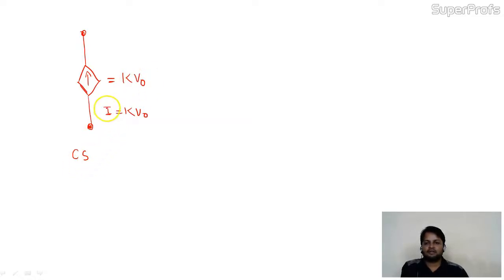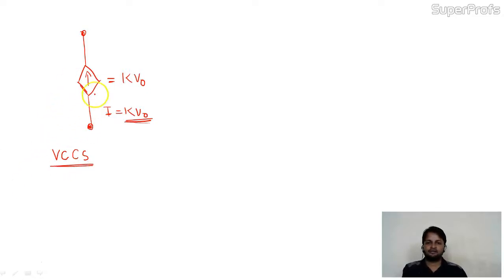But the current depends on which parameter of the circuit? Voltage, right? So this current is controlled by voltage or current? Yes, absolutely. This current is controlled by the voltage value. So this is the voltage controlled current source.